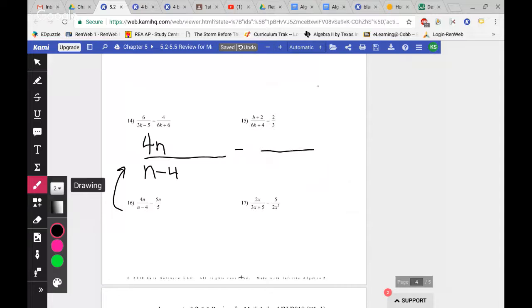And then, oh, this is a nice one compared to some of the ones we've had. So there's no 5 over here, so I have to multiply both the top and the bottom by a 5, because basically what you're looking for is factors that don't match. And then over here, we're going to multiply both the top and the bottom by n minus 4.